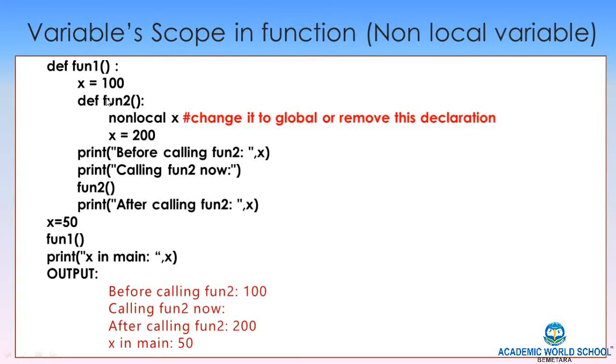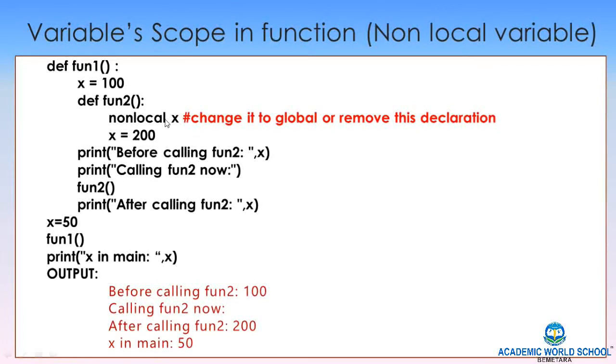One variable is declared in fun1 and one variable is declared in fun2. The names of the variables are the same, x and x. But the variable declared in fun2 is a non-local variable, which means the scope of the variable will change.